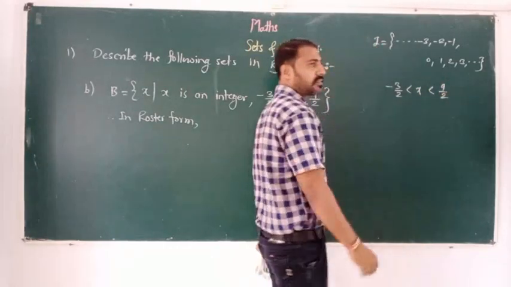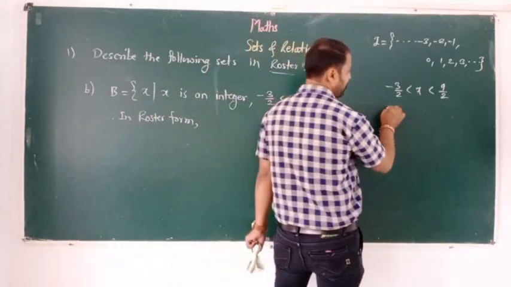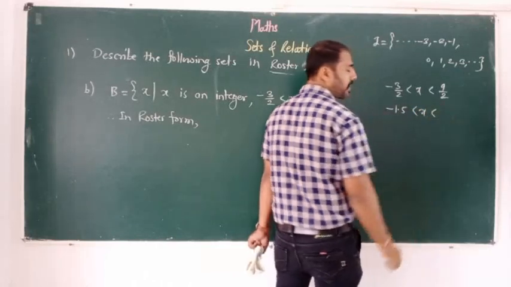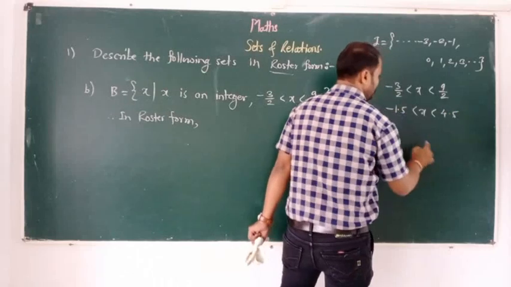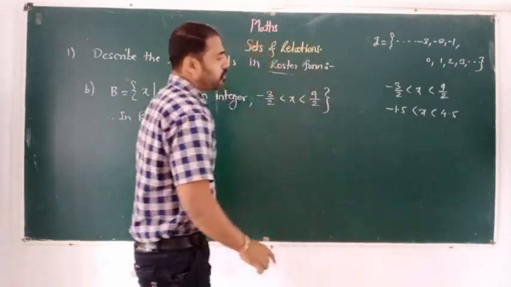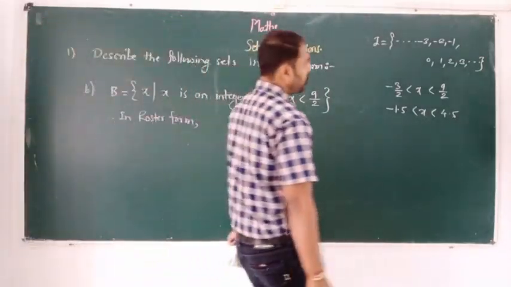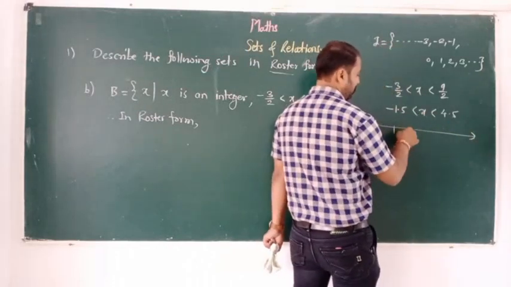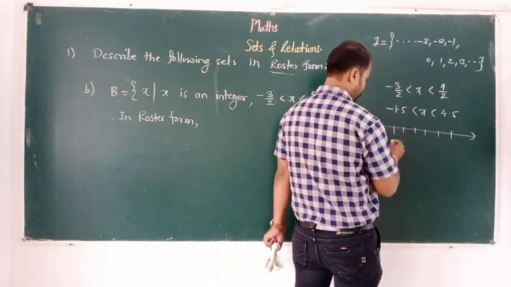After simplification, I am writing minus 3 by 2 as minus 1.5 less than x less than 9 by 2, which is nothing but 4.5. That is, all the integers between minus 1.5 and 4.5. I am counting the integers here.